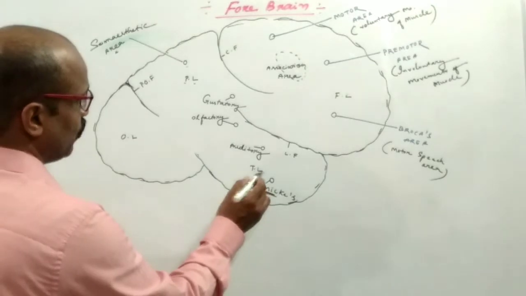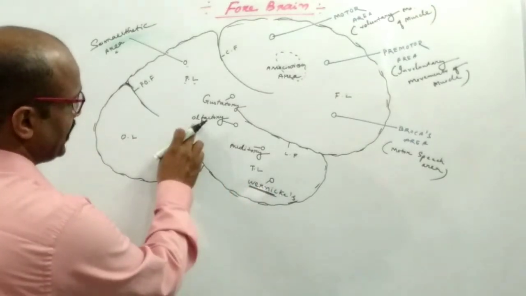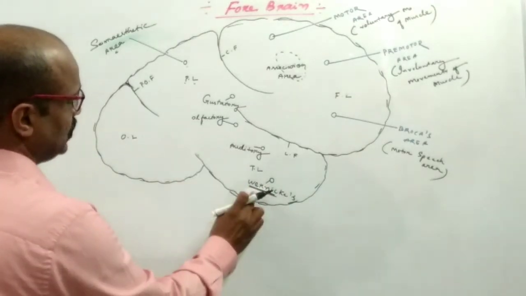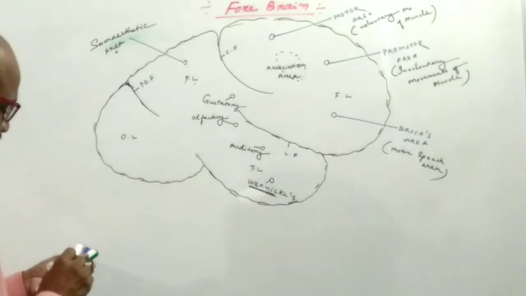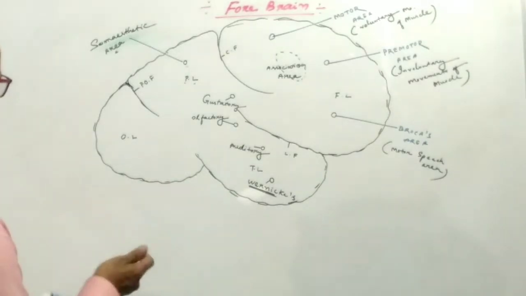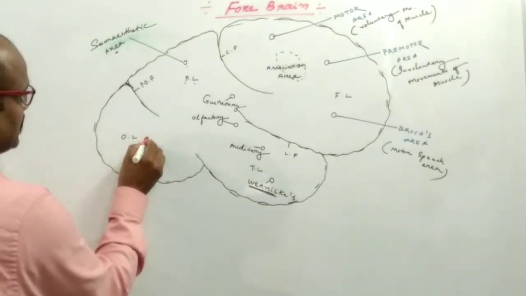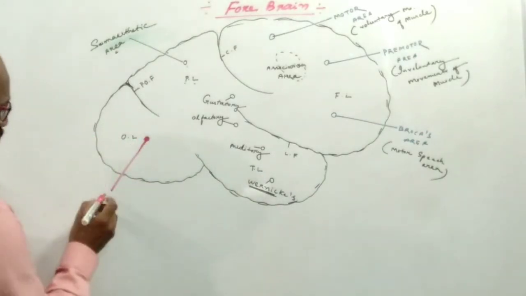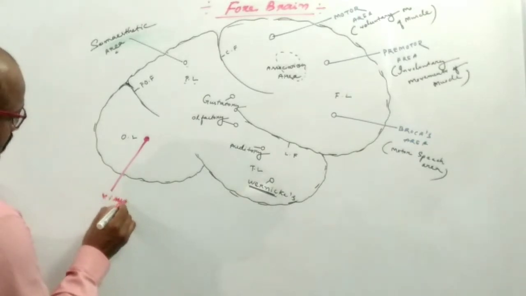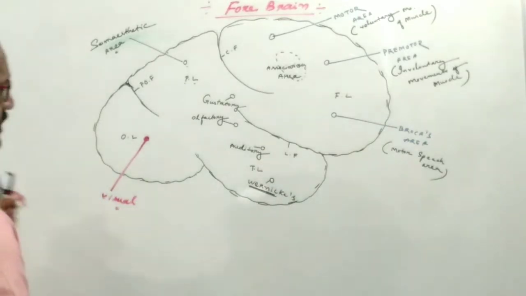So the temporal lobe contains the olfactory, auditory, and Wernicke's areas. The occipital lobe contains one important area, the visual area, which is the sense of light.